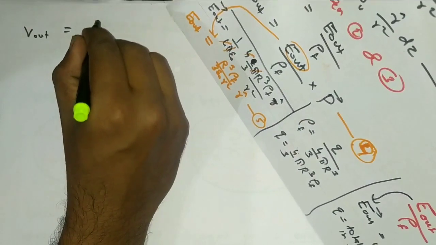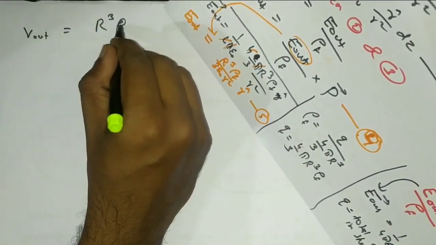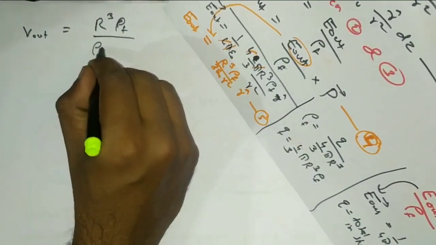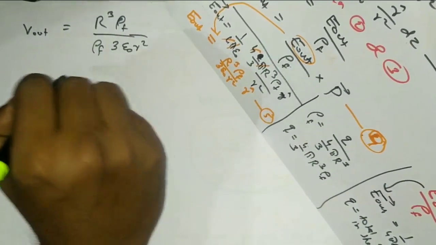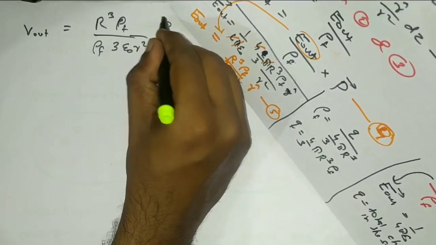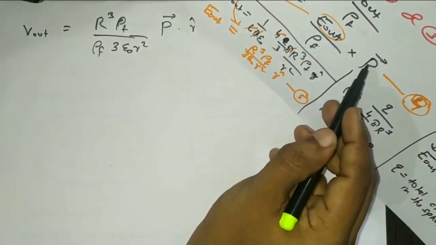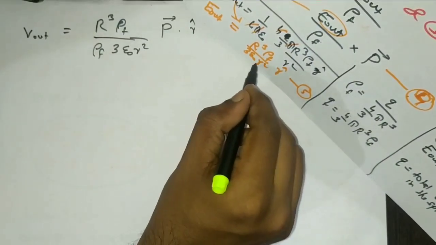Therefore, I can write our equation V out: instead of E out I substitute r cube rho F divided by rho F 3 epsilon 0 r square into P dot r cap divided by r square.